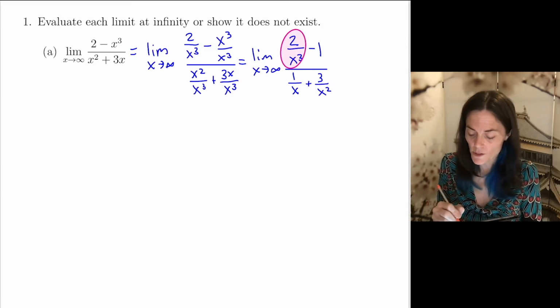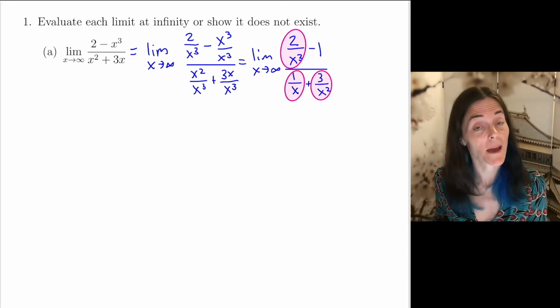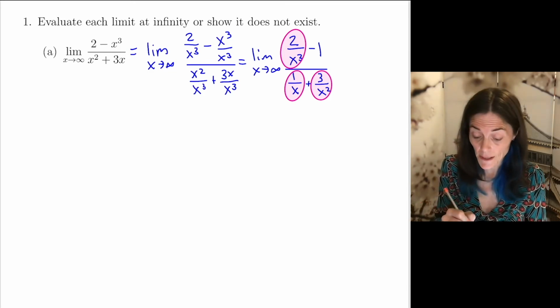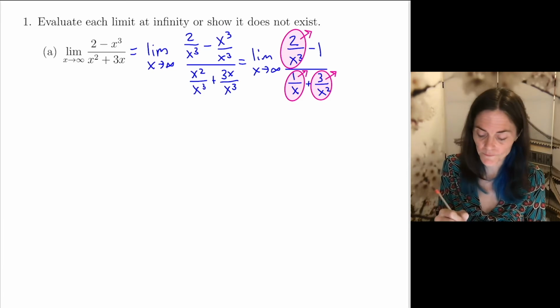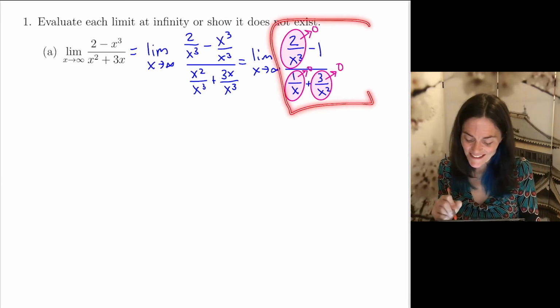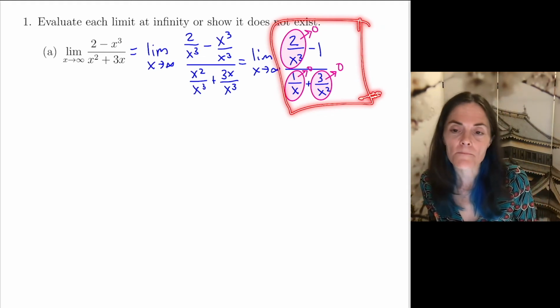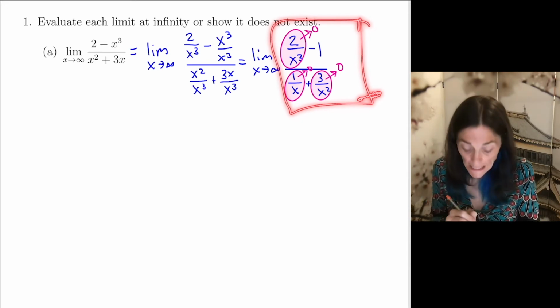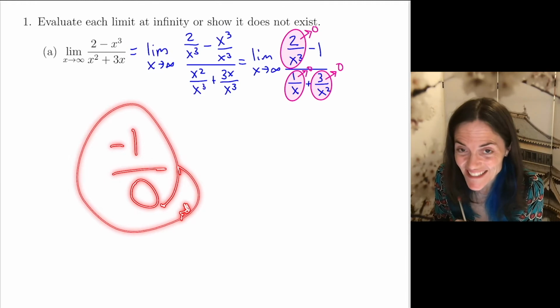Now, this term, and this term, we can say what's happening. We have a positive power of x in the denominator, so these are all going to 0. Now, how do we address what is happening here? Well, it's kind of this, which is not indeterminate, right?